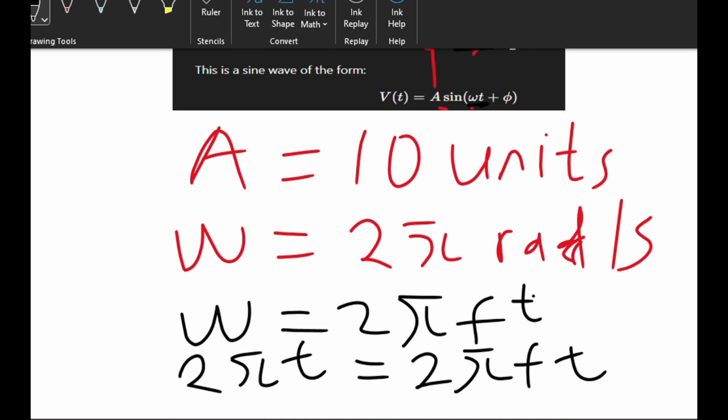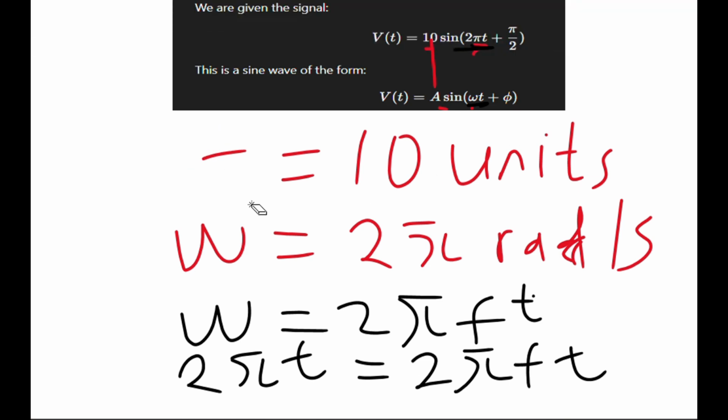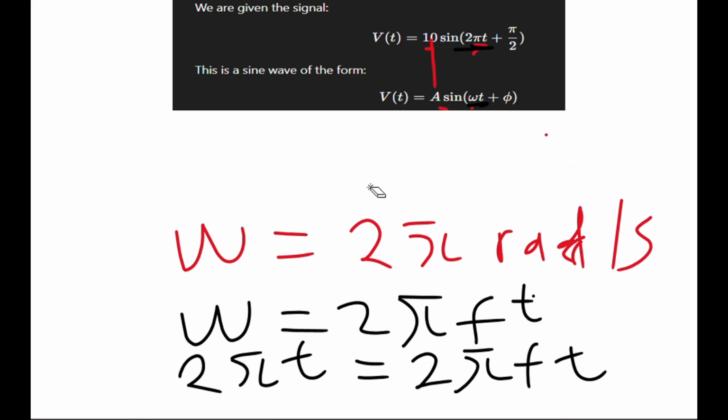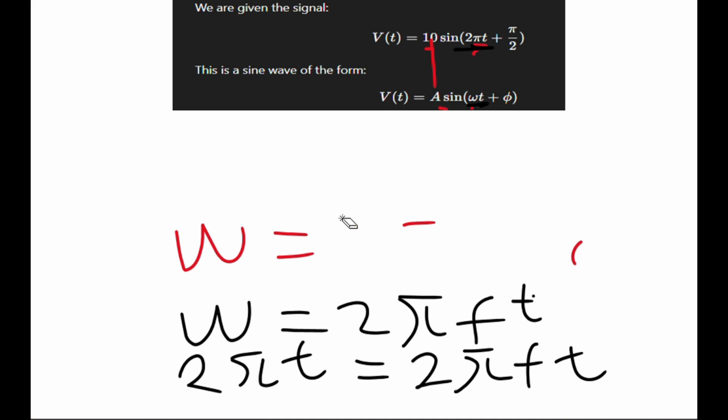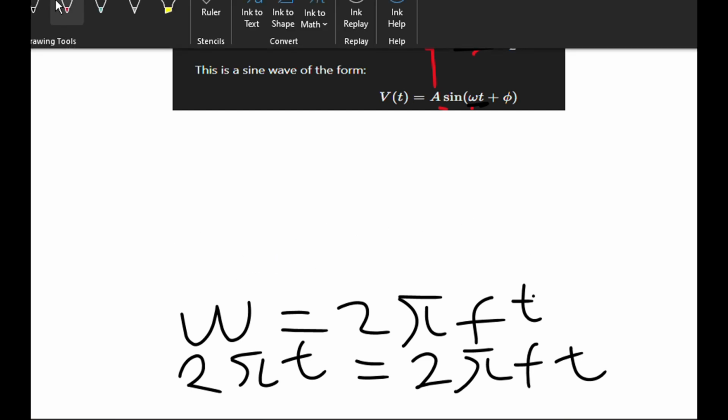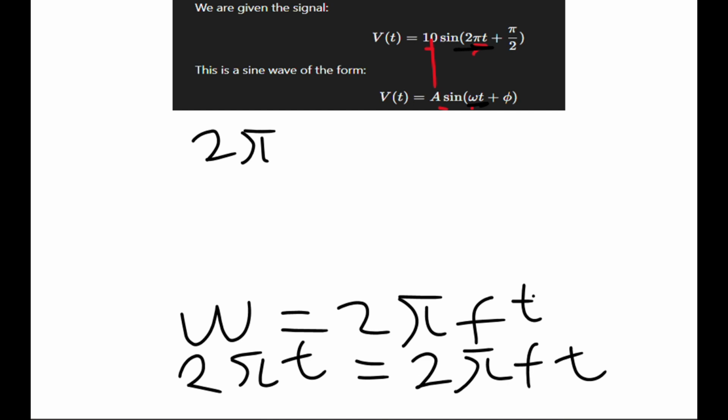So making f the subject, it means that we have to divide through by 2 pi t, so that f can stand alone as an individual entity. So let me wipe this off so we get space. All right, so let's go. We have 2 pi t is equal to 2 pi f t.